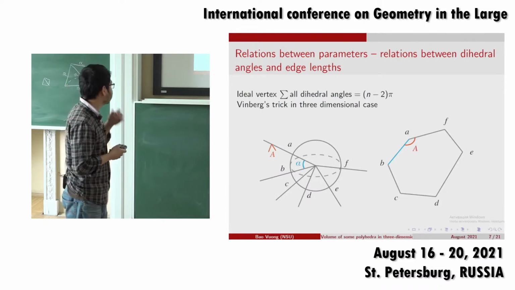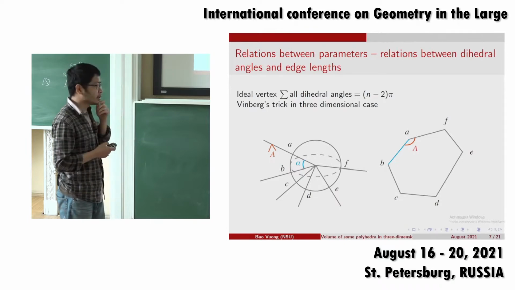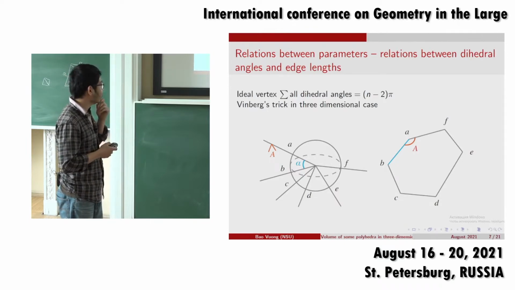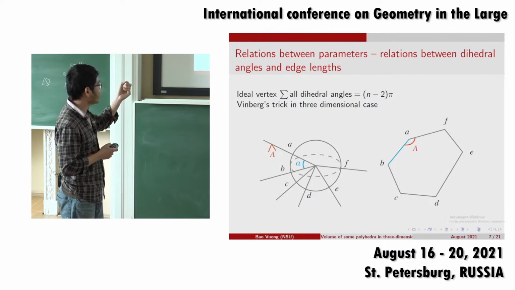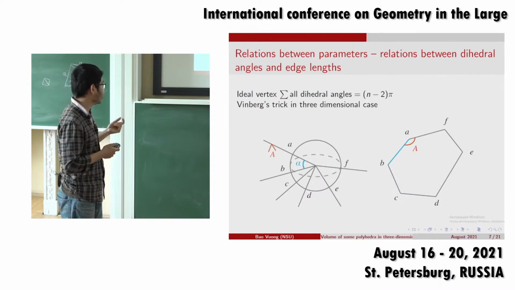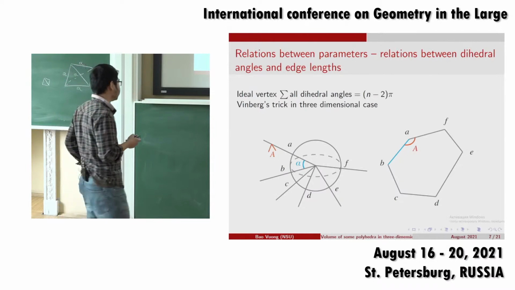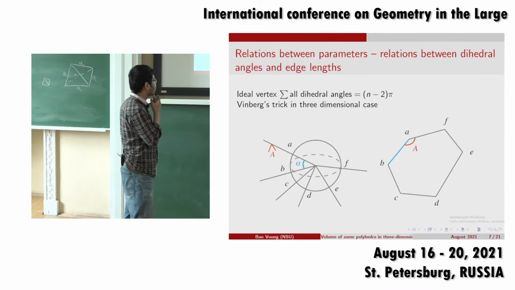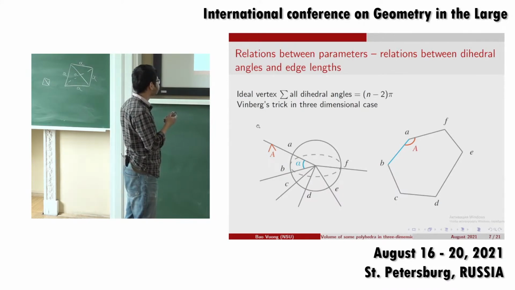In the picture, the sphere lies at the center, at the vertex, and the intersection will be a spherical polygon. I draw it like a Euclidean polygon, but in reality it's a spherical polygon.